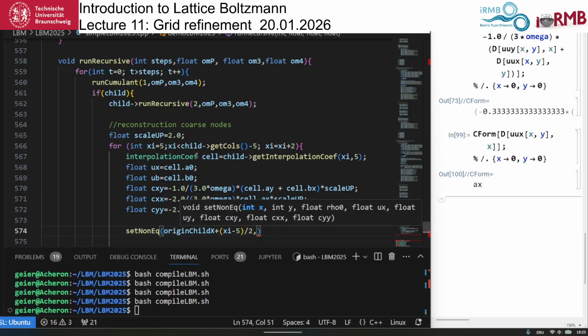Because we start with 0, then we add 2, then we add 7, we would be 1. At this moment, I believe it is like this.